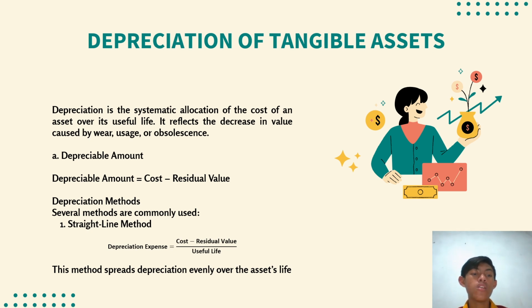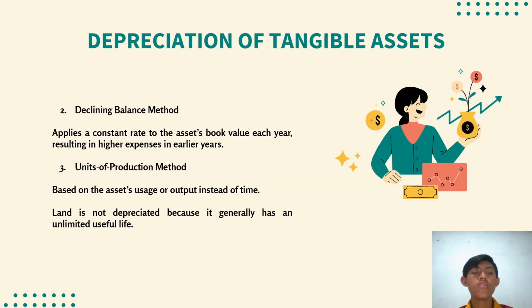Depreciation methods. Several methods are commonly used. There are: 1. Straight-line method. The formula is depreciation expense equals cost minus residual value divided by useful life. This method spreads depreciation evenly over the asset's life. 2.